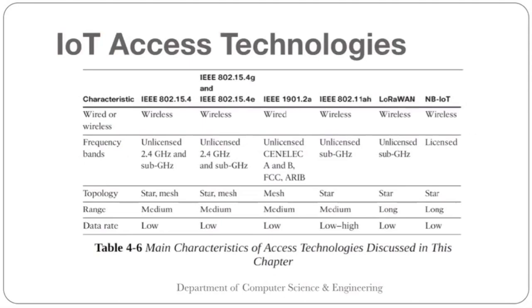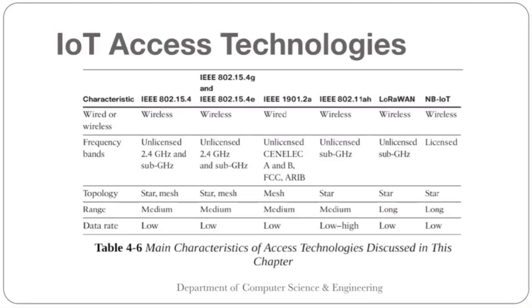Then we have IEEE 1901.2a, which is low frequency narrowband power line communication. That is why it is wired. It is wired and unlicensed, and supports mesh topology. Again the range is medium and the data rate is low.